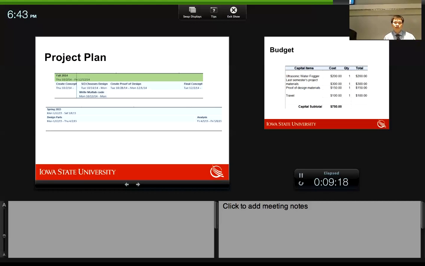Right now we have already finished the concept design part. Moving on, we will send the full concept design to the Science Center of Iowa with pros and cons for each particular concept design. At the same time, we're also working on the MATLAB coding in order to figure out that data.